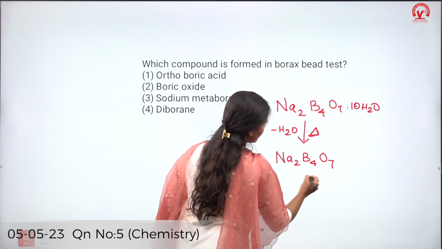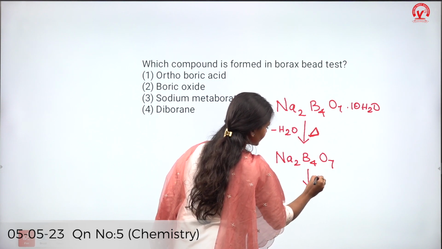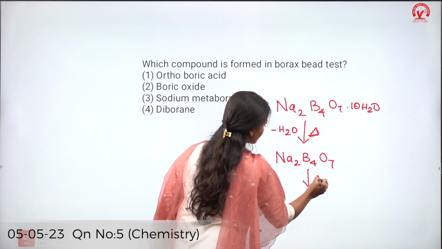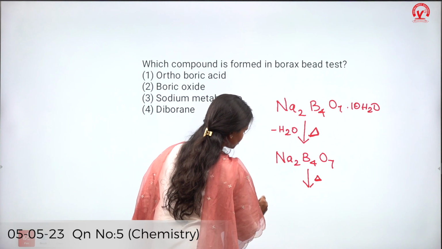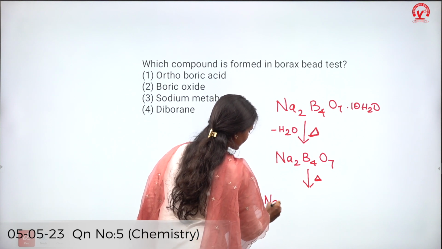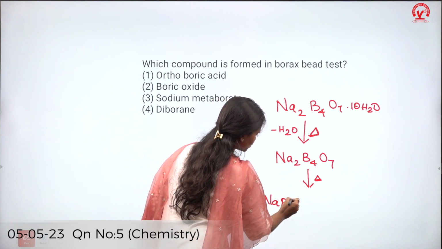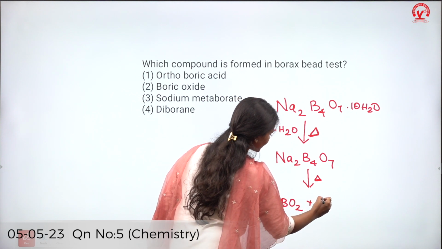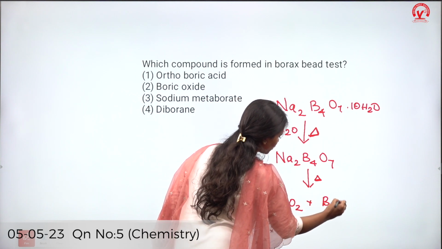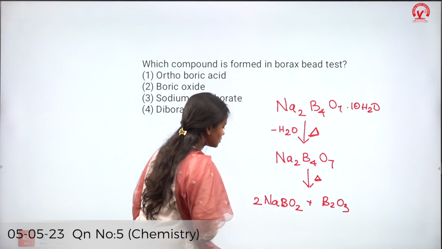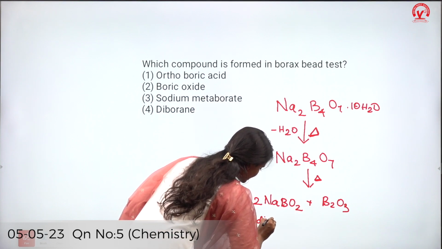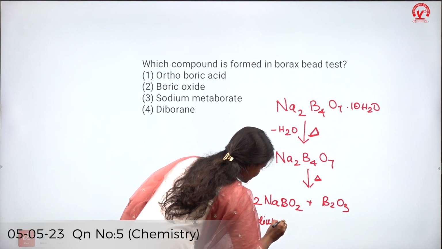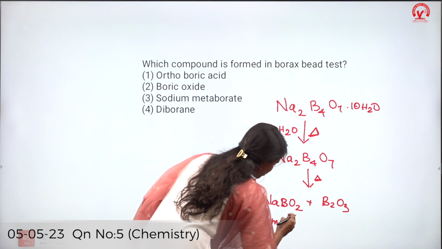We get Na2B4O7. On further heating, it gives sodium metaborate, that is 2 molecules of NaBO2, plus boric anhydride B2O3. This is sodium metaborate. It is a glass-like material. When we solidify it, it forms beads.